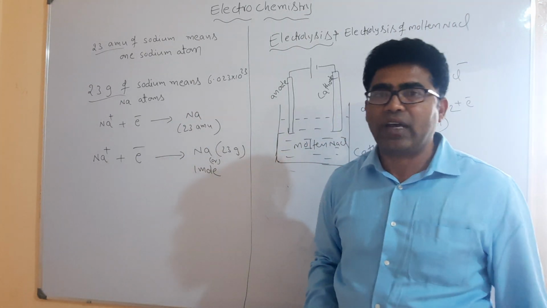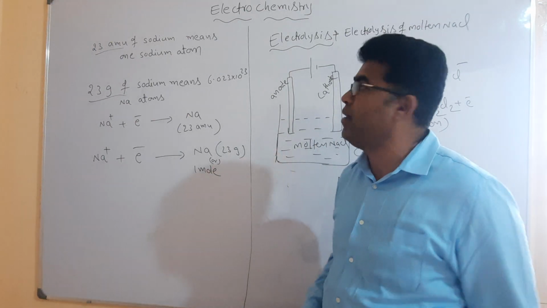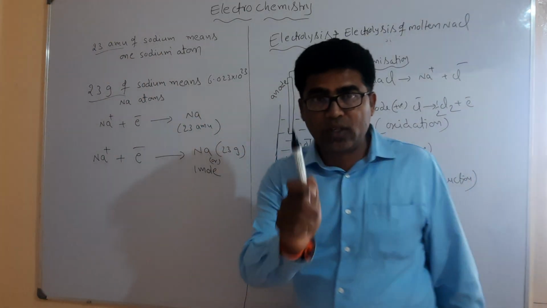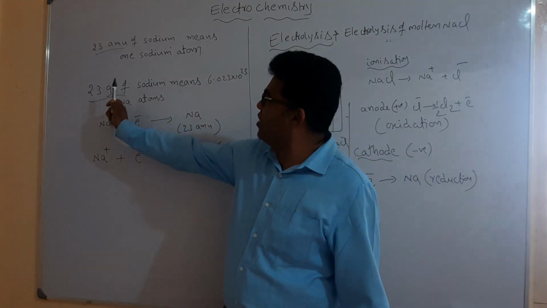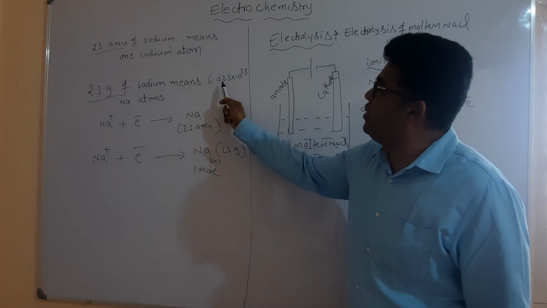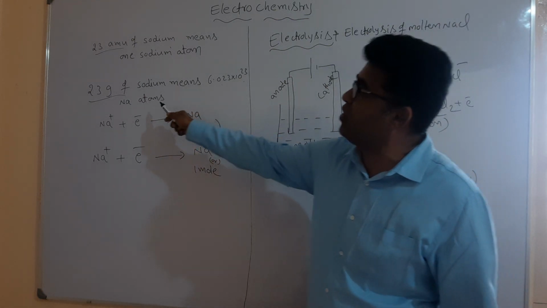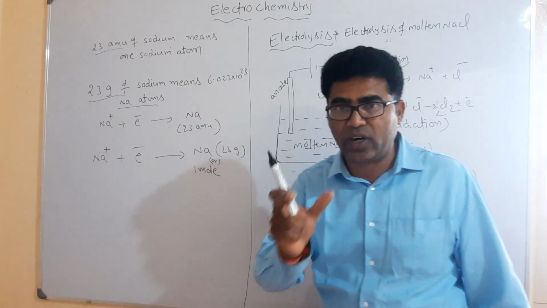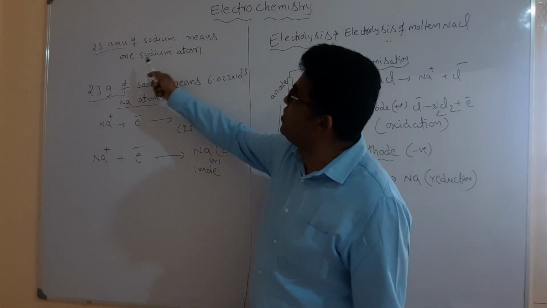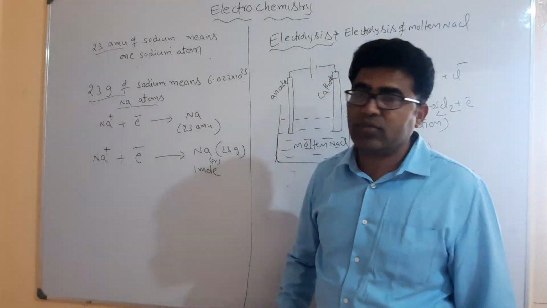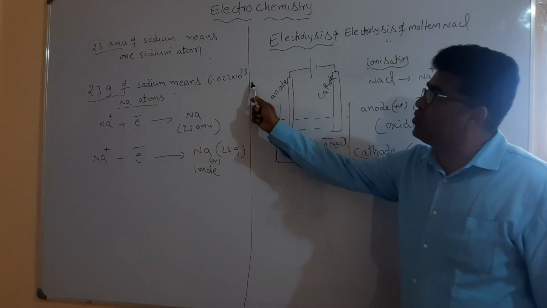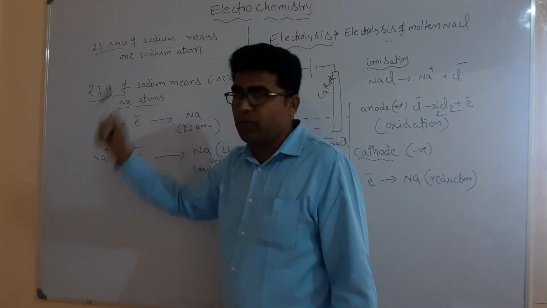You know very well that atoms we can't see with our naked eye. 23 gram of sodium means 6.023 into 10 power 23 sodium atoms. Try to understand the difference.